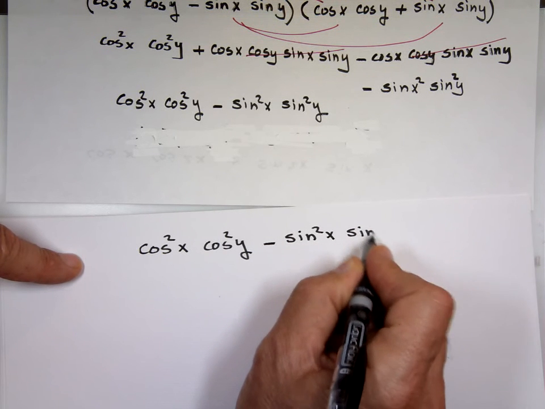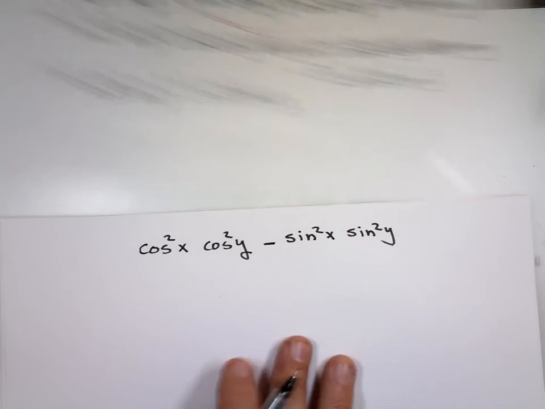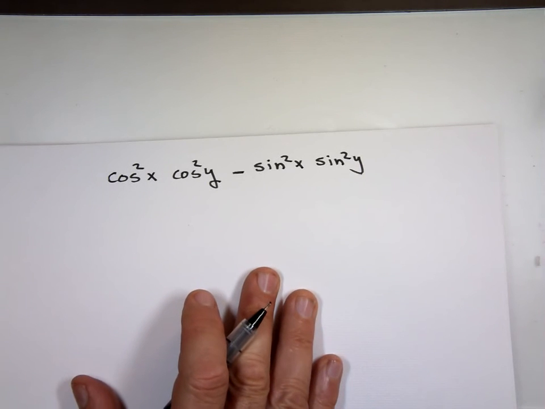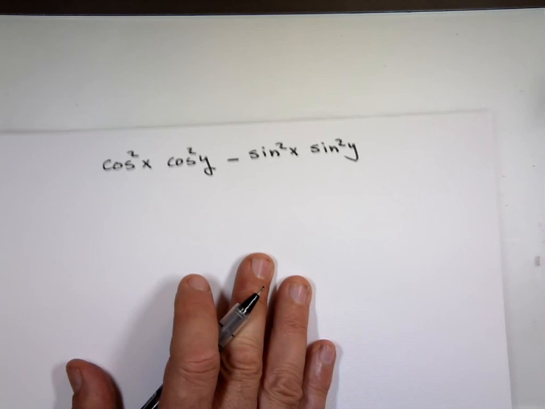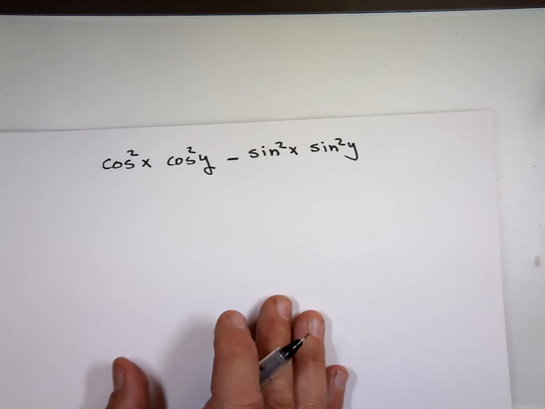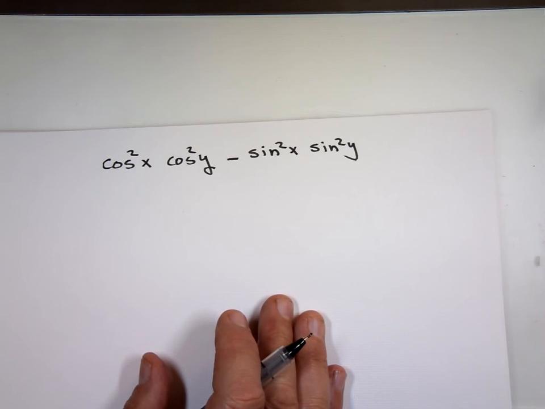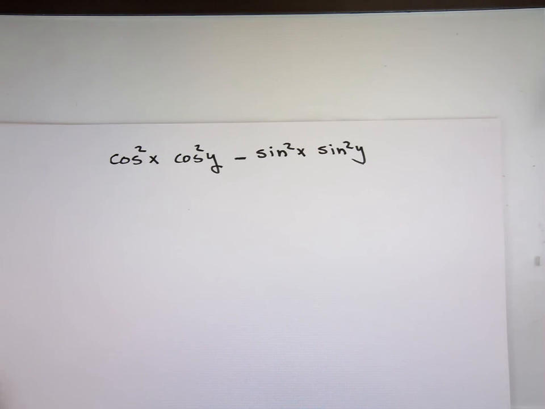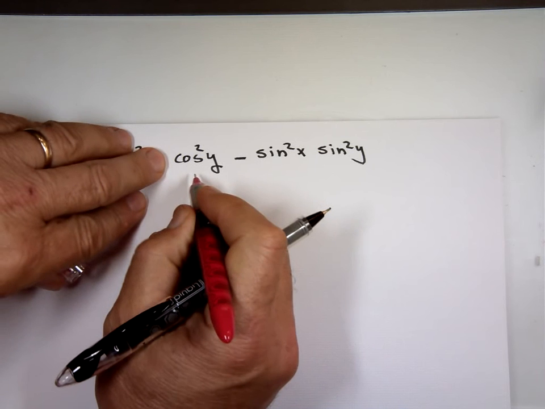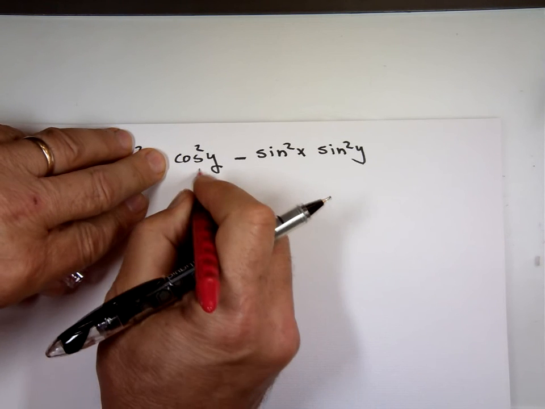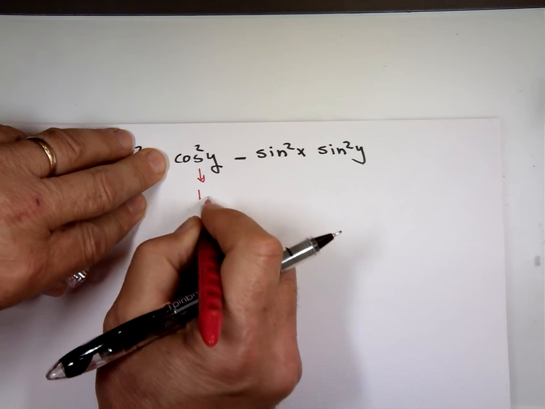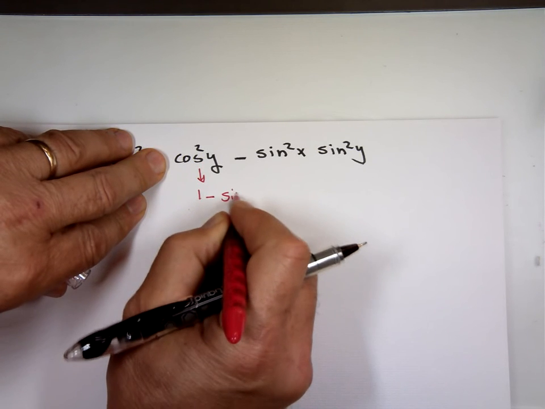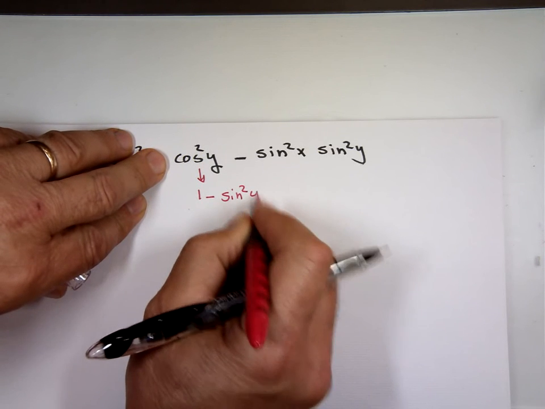Let me take cosine squared y or x, doesn't really matter. We have one on the board that says this one is equal to 1 minus sine squared y.